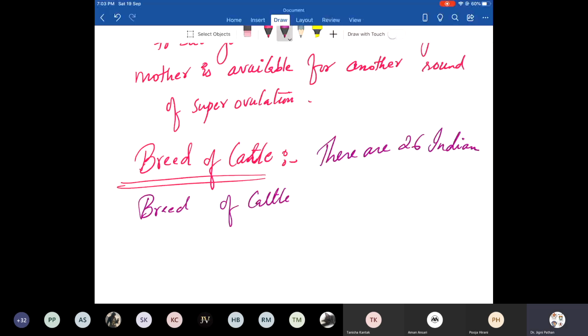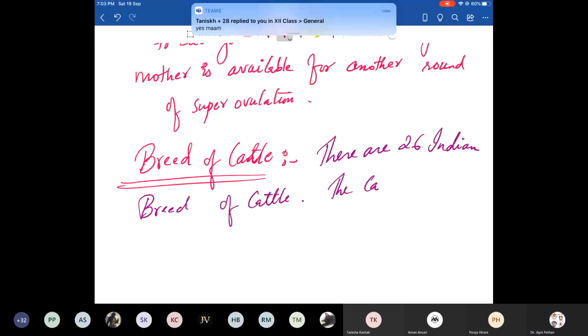The cattle are classified into three groups.